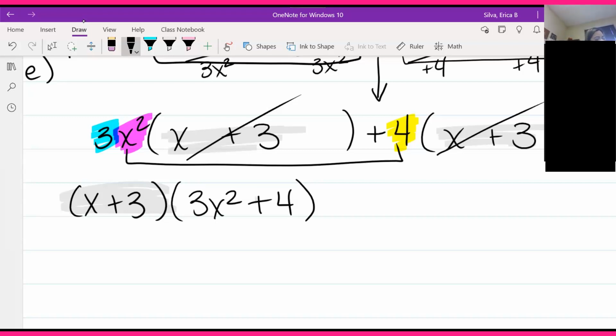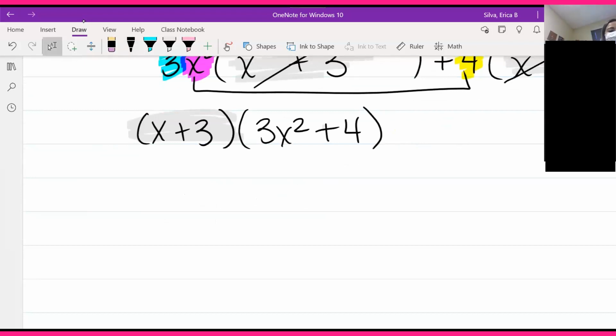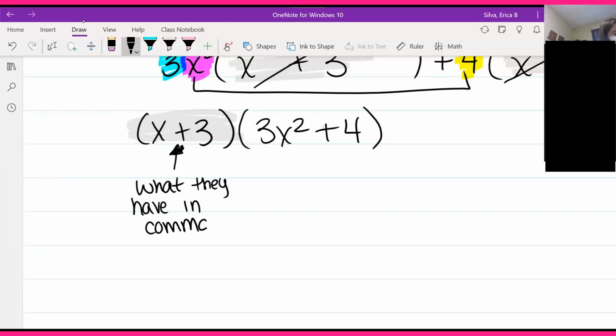Any questions? So if you need an extra piece of notes, this is what they have in common. And then this is the terms that are left over.